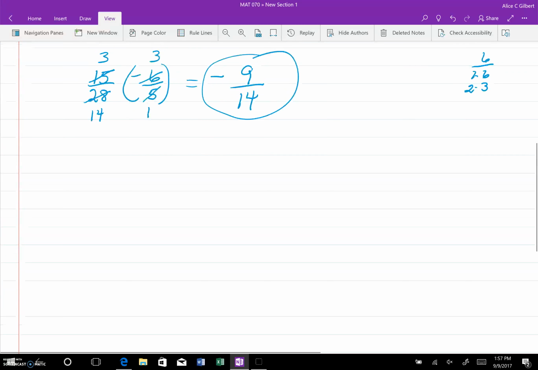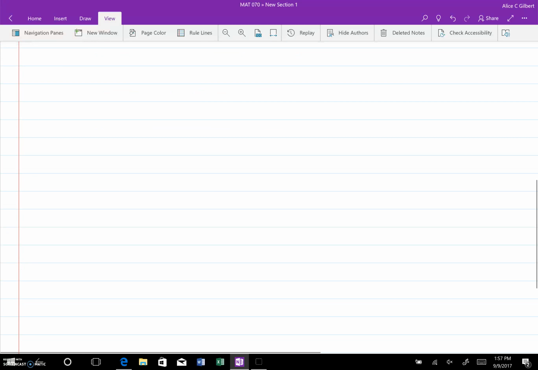Let's do some more. Okay. So now we've got 12/7 times 7/24. First of all, I've got a positive times a positive, so positives we don't write. Let's see. First of all, pretty easy. 7 can go into itself once, both ways from bottom to top.